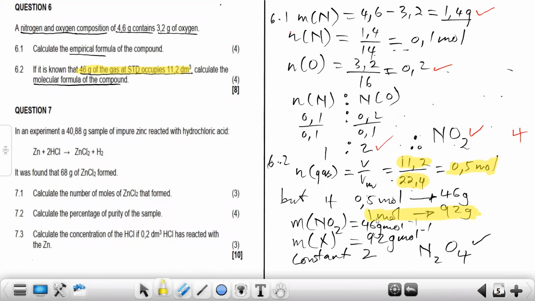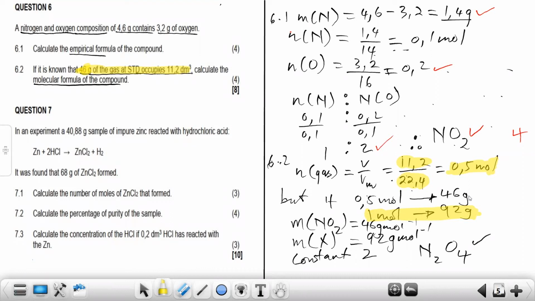So this ratio here, if I'm producing 46 grams from the 0.5, which was given there, it basically says now with 1 mole, I must be producing 2 times more, which is 46 plus 46, it will give you 92. Now, here comes the trick.